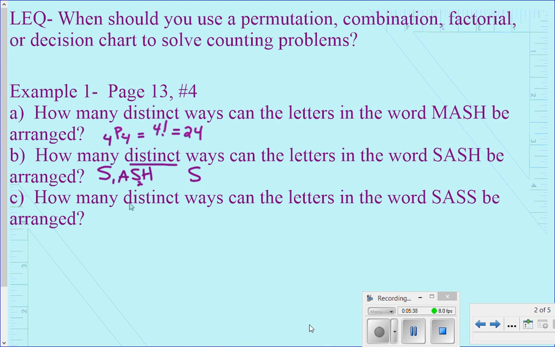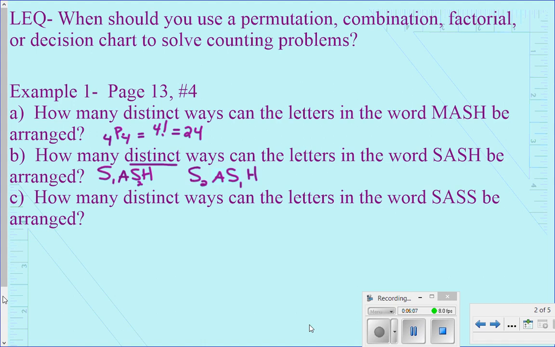So if I'm putting them in this order, I have S1, A, S2, H. Well, if I flip around the S's, now I have S2, A, S1, H, but the same word has been spelled. Okay, so I don't want to count that as two different words because it's the same word. It's just that in this case, I have the second S first. In this case, I have the first S first.